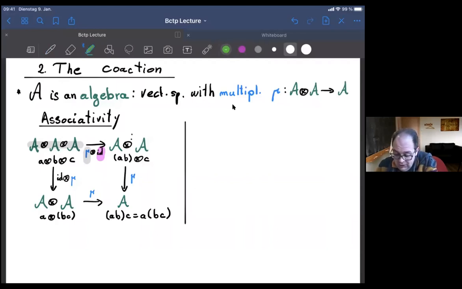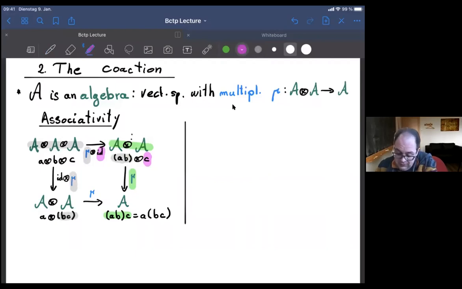And I get an object in A tensor A, where I multiplied together the first two slots and didn't do anything in the third slot. And now I can also multiply together all three slots, and I get AB multiplied by C. I could, of course, also first multiply together the last two slots.